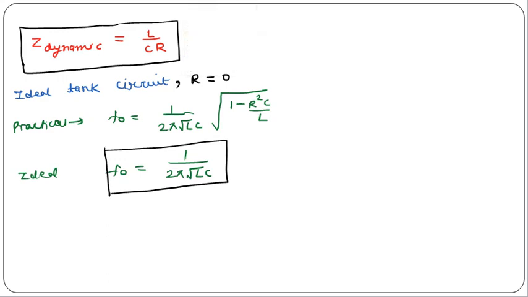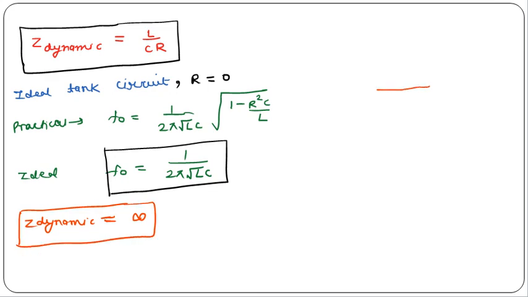Similarly, the dynamic impedance in the case of an ideal tank circuit, Z dynamic, if we substitute R equal to 0, then it will be L by 0. So simply it will become infinity. Infinity means, okay, let me draw the ideal tank circuit. So in the ideal tank circuit, we have an inductor and capacitor in parallel.